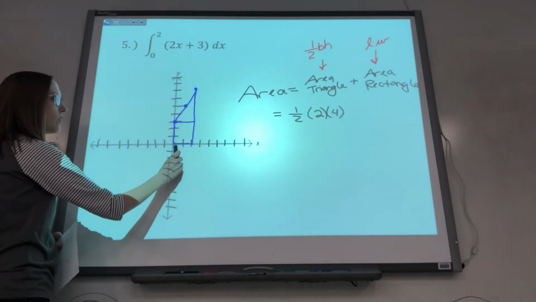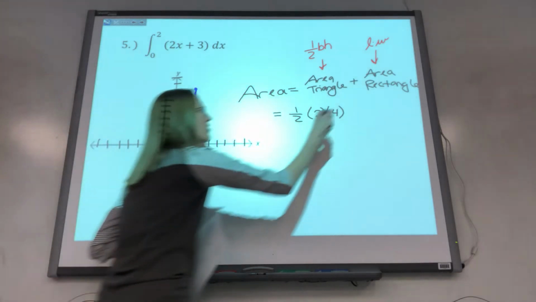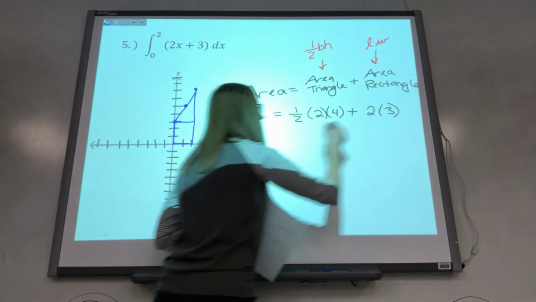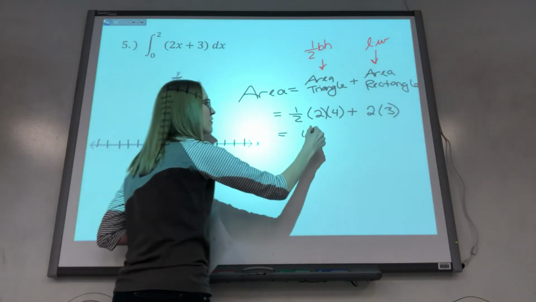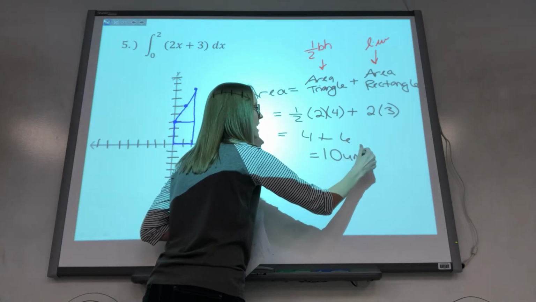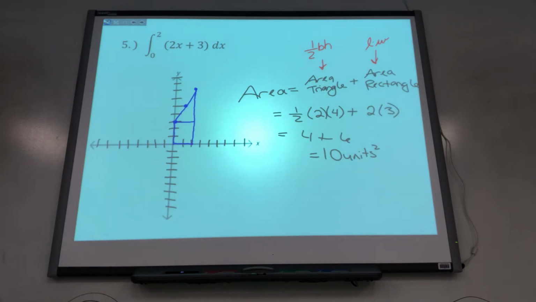Now the rectangle, a little bit easier over there. The length times width for that would be 2 times 3, or 3 times 2. So 1/2 of 8 is 4, 2 times 3 is 6. That would make 10 units squared for the area of the whole thing.